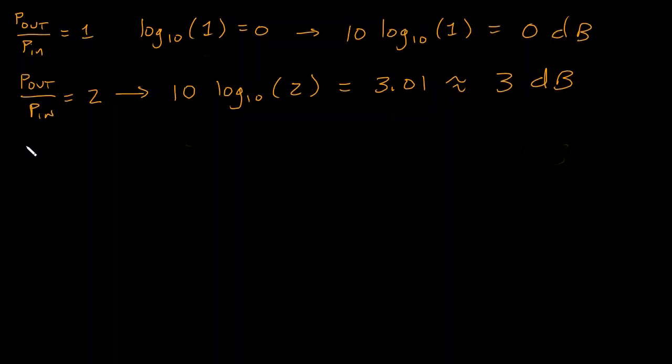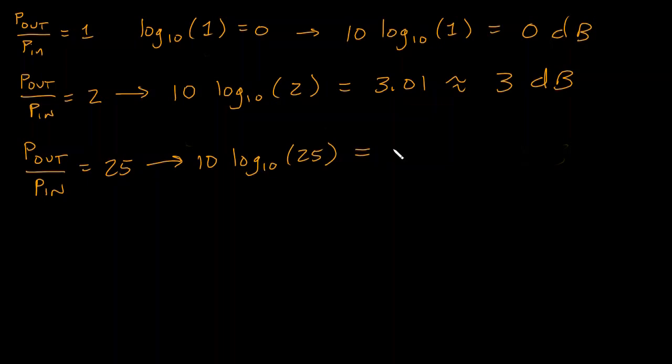So let's jump up to something bigger. Let's say P out over P in is, say, 25. Well, 10 times the log base 10 of 25 is roughly 13.98, which we would say is approximately 14 decibels.